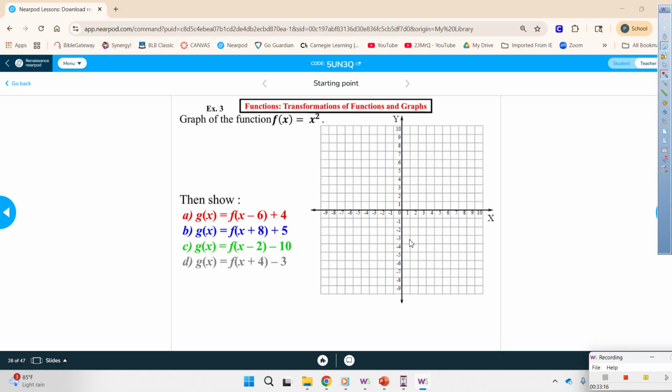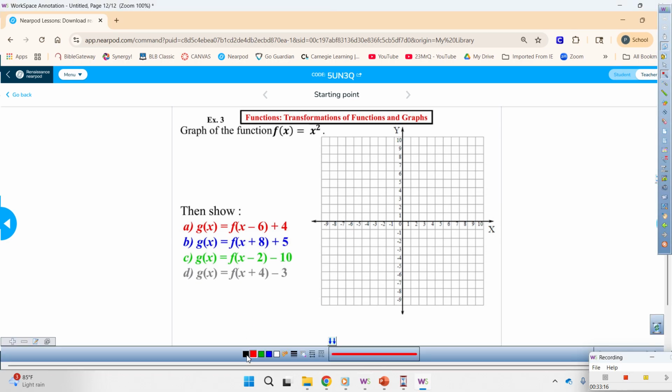Look up, please. My original f of x equals x squared has the points negative 2, 4; negative 1, 1; 0, 0; 1, 1; 2, 4. That is f of x. And now I'm moving this vertex to my new one, which is here. Is that correct? So my new vertex is 10 down and 2 to the right.